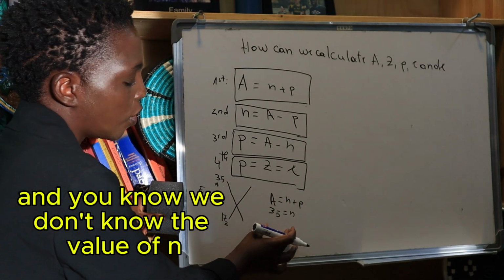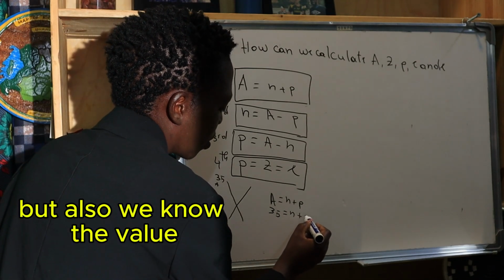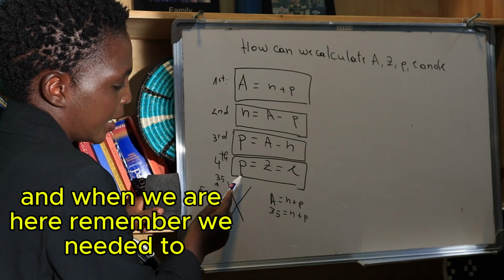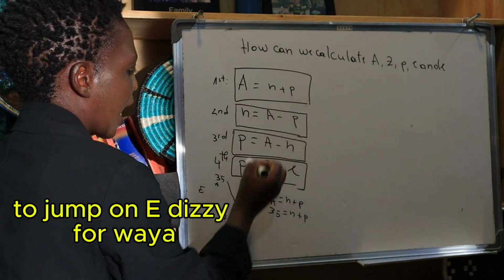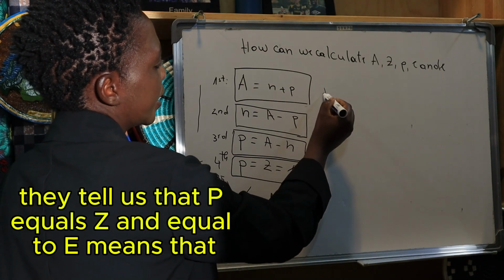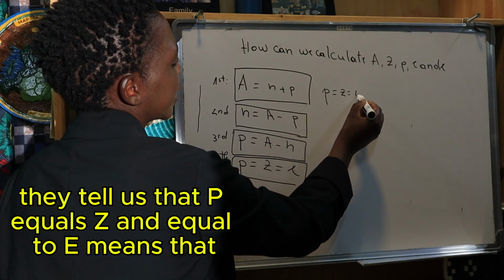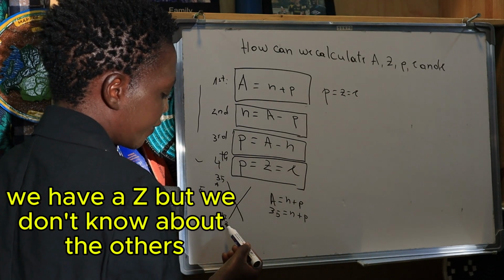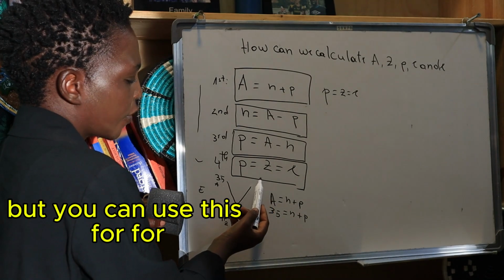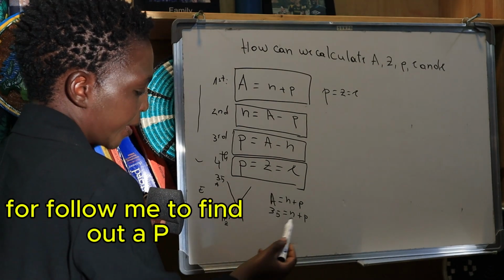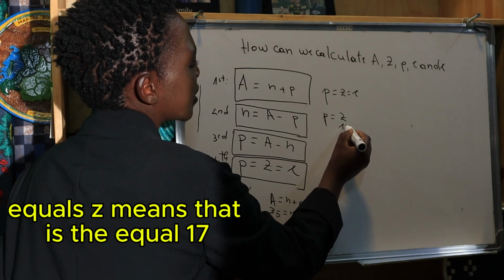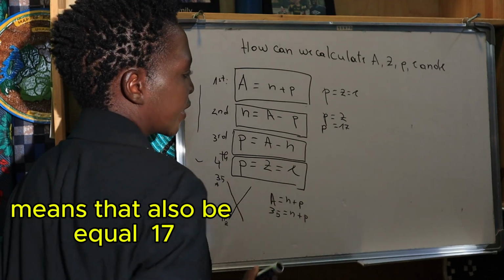We don't know the value of P either. So we jump to the fourth formula, which tells us that P equals Z equals E. We have Z, but not the others, but we can use this fourth formula to find P. Since P equals Z, and Z equals 17, then P also equals 17.